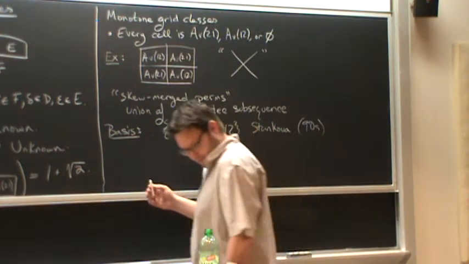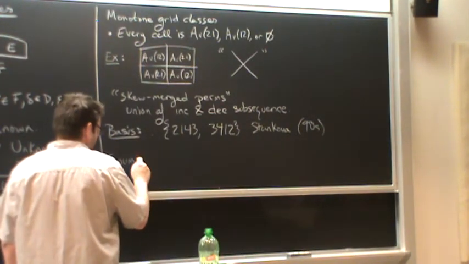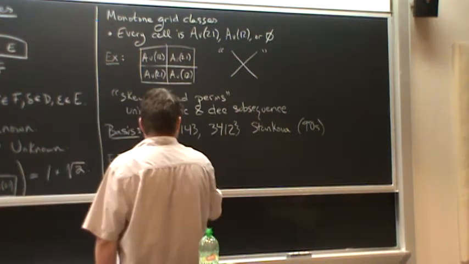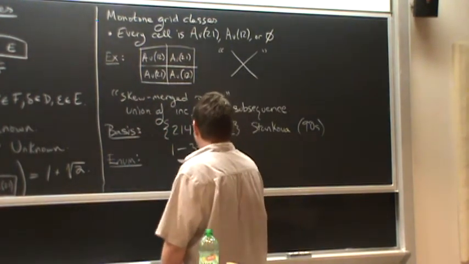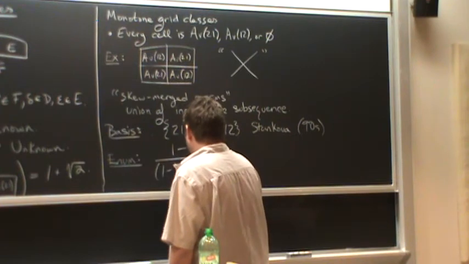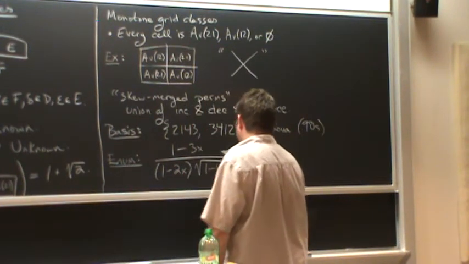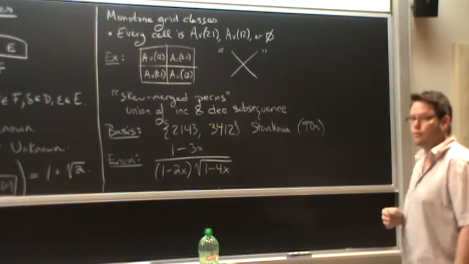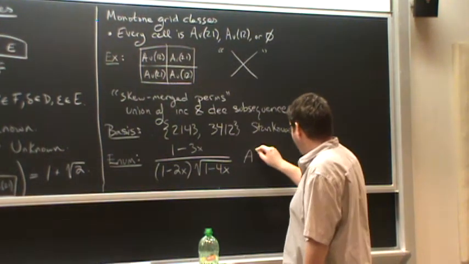And the enumeration is, I'm going to give you the generating function: 1 minus 3x over 1 minus 2x times the square root of 1 minus 4x. And this is Atkinson.